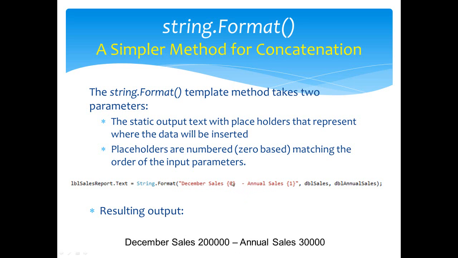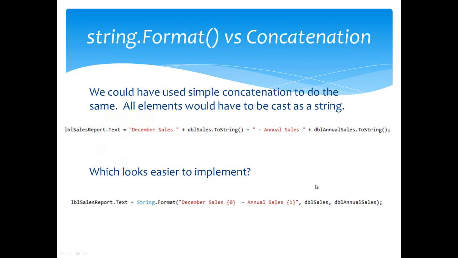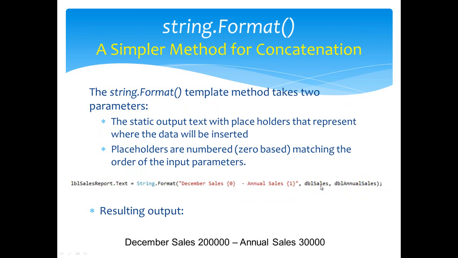But inside here, I've got a 0 and a 1. After this string, I can pass it the values that are going to be passed in, and it's going to move double sales into where the 0 is and double annual sales into the 1. How does it know? Because this is the 0th item, because remember, we're geeks and we start counting at 0, and this is the first item.